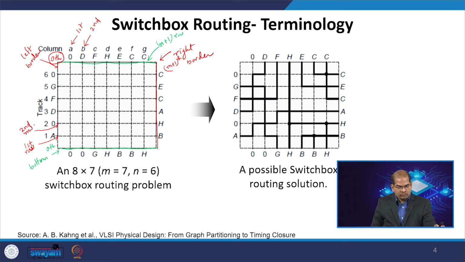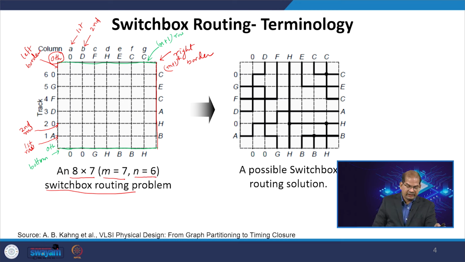Here I have an 8 cross 7 switchbox routing problem, in which m equals 7 and n equals 6.